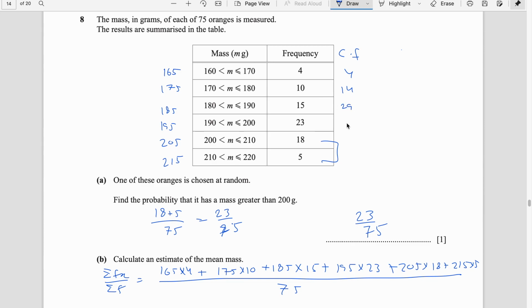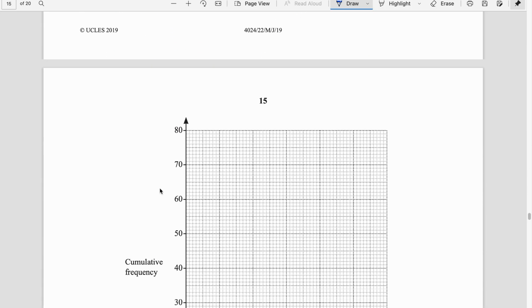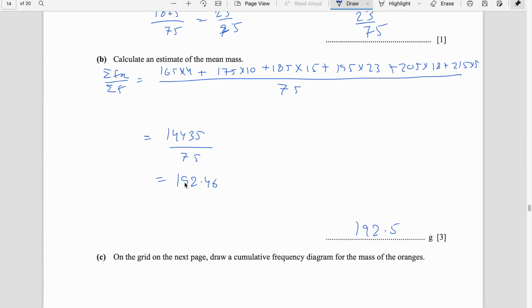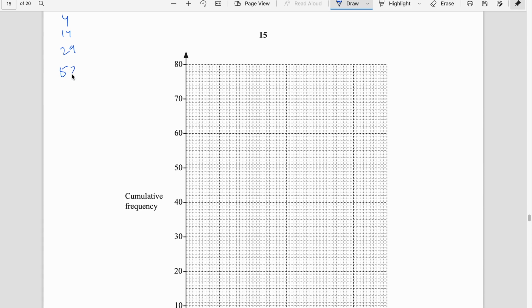Plus 23 is 52. Plus 18 is 70. Plus 5 is 75. 4, 14, 29, and 52, 70, 75.